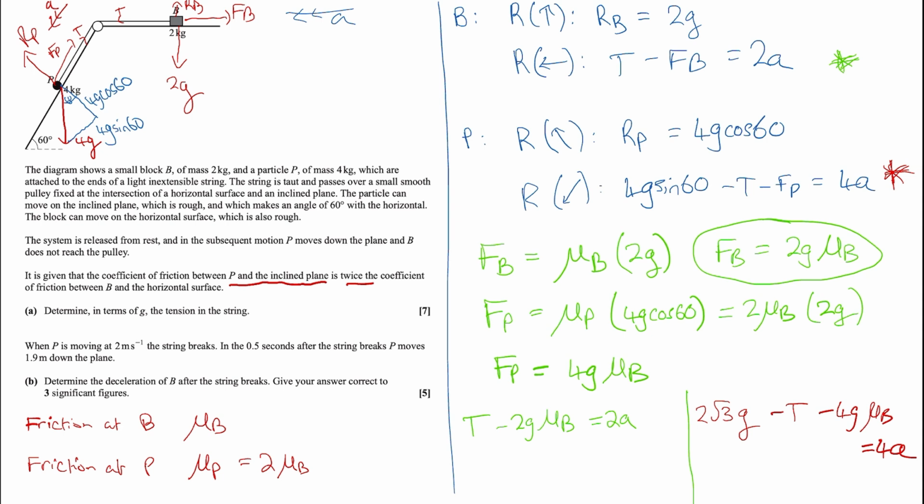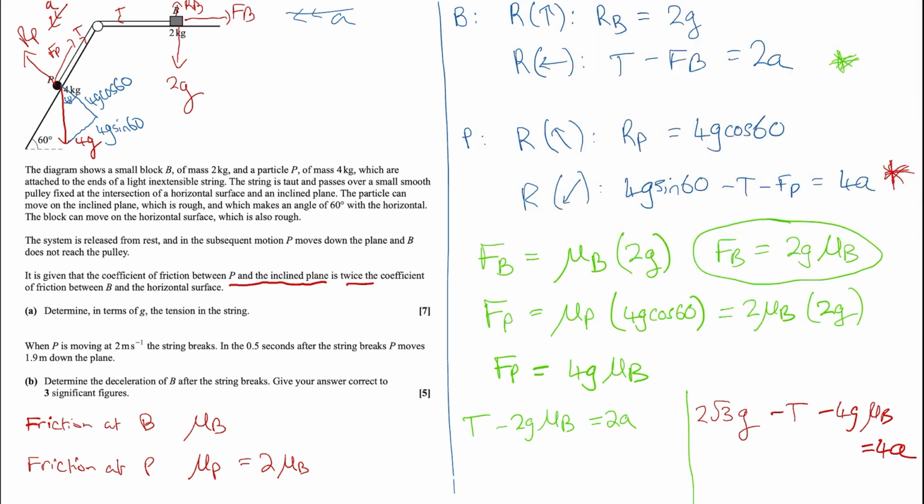Yeah, so looking at this equation here, we can get T on its own by doing 2A plus 2G mu B. Actually, now I wanted to do the other one first.